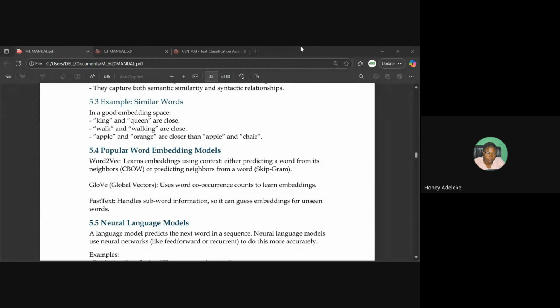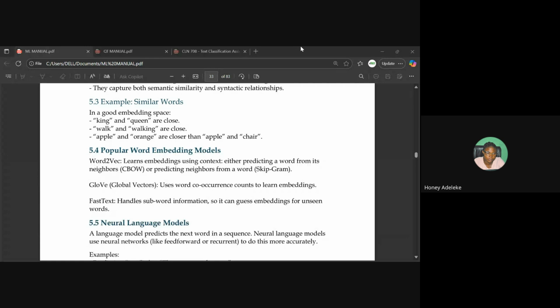When I was working on something like this, I was even thinking, from the house, are they even different? Láti inú ilé, nínú ilé. But that's the aspect that FastText handles. It helps us to know the words that are written in different ways but have the same or similar meaning.